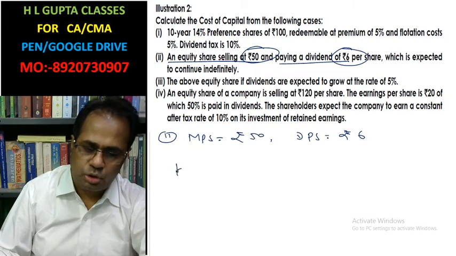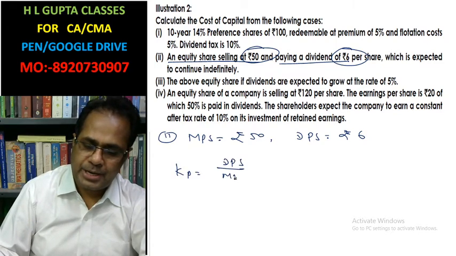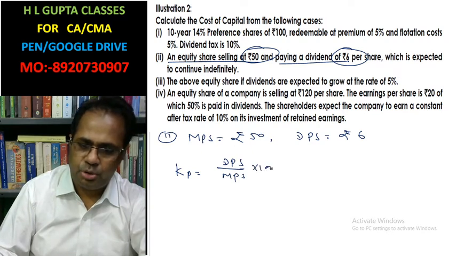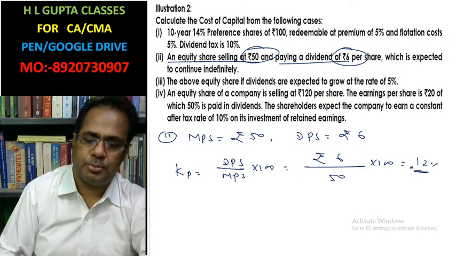In this case, the cost of equity formula is dividend per share divided by market price per share, into 100. Dividend per share is rupees 6, market price per share is 50, into 100. This is 12%.